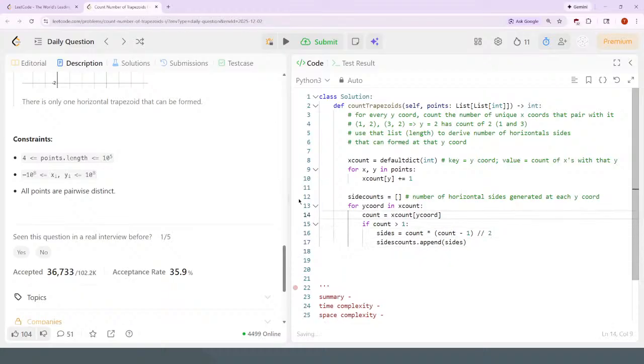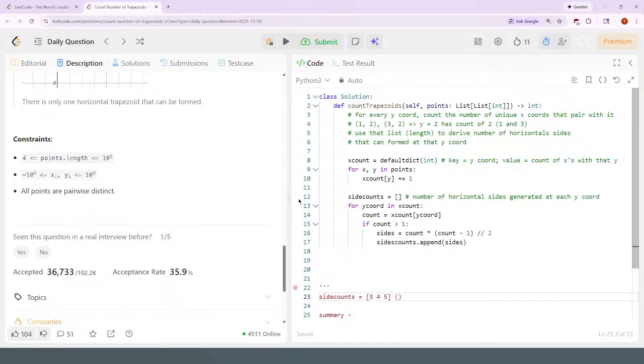Okay, so then I have that, and then I need to use these counts at those y coordinates to generate trapezoids. And I think I want to use a prefix sum here. So let's say there's side counts that are 3, 4, and 5.